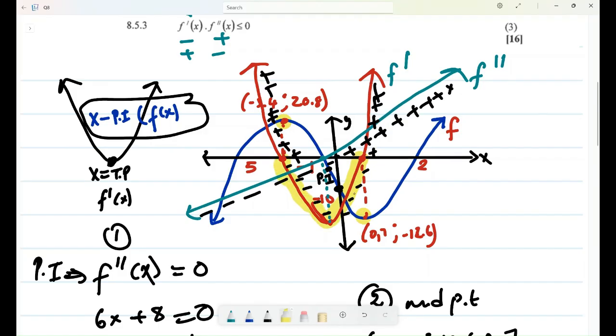But at the same time, where is our f prime positive? It is from here to there. So I'm going to take the point where they intersect, actually where both are true. You agree with me that from this portion here, when I take this part only, that condition is true.